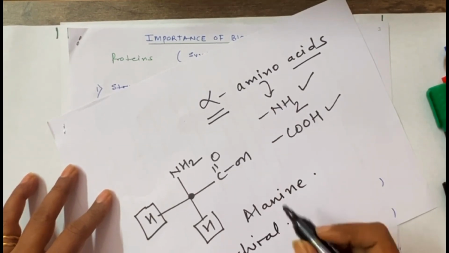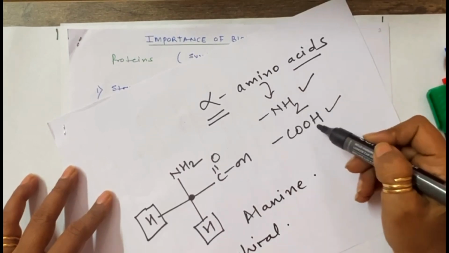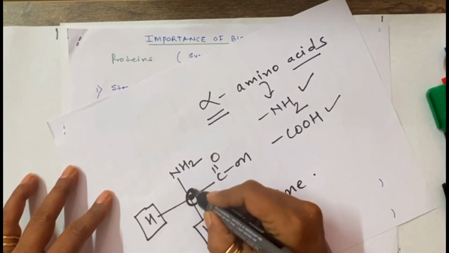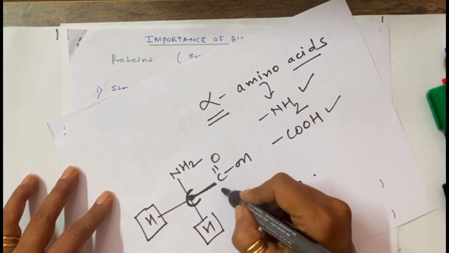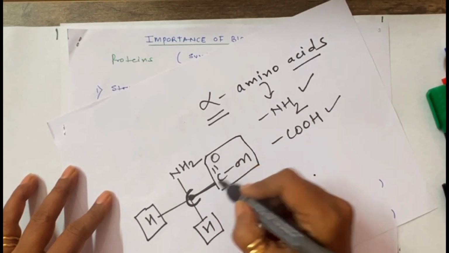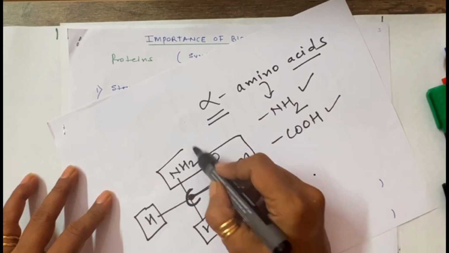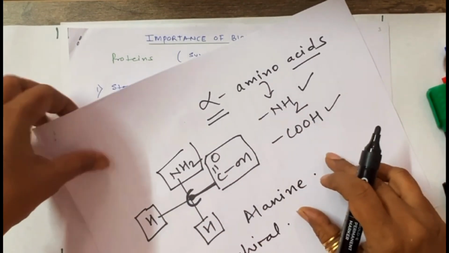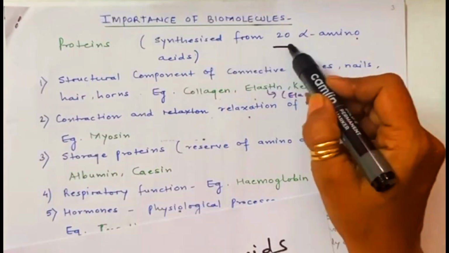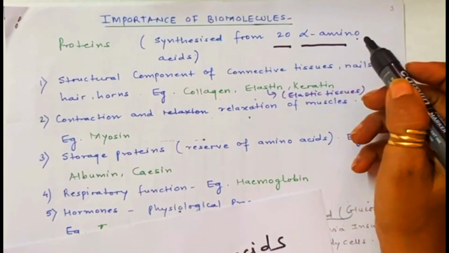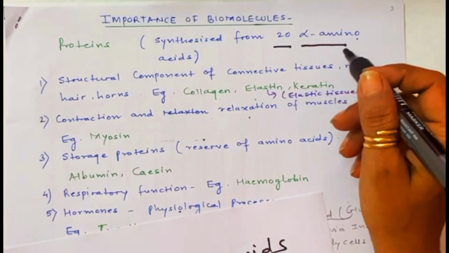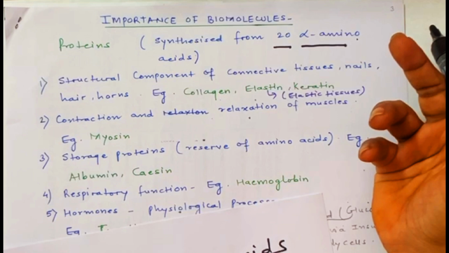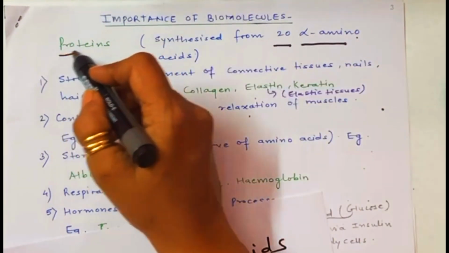So alpha means both the functional groups are attached on the same carbon atom. So this carbon atom is attached to the first functional group, carboxylic acid, and the second functional group, amino. So this is alpha amino acid, and in total we can see that there are around 20 naturally occurring alpha amino acids, and these amino acids combine in different ways to produce different types of proteins. What are the functions of proteins?